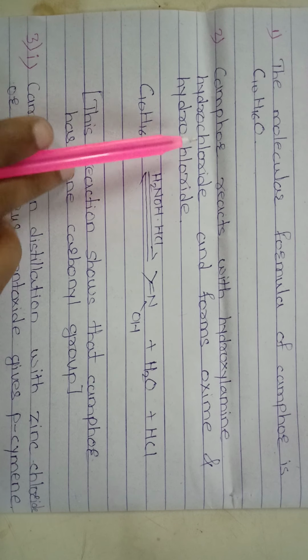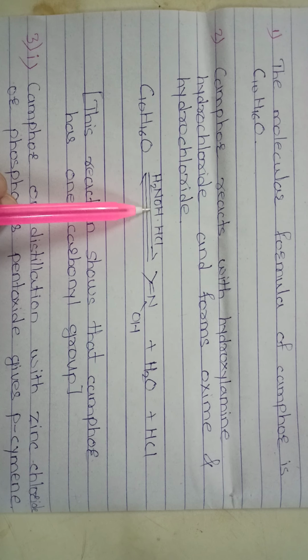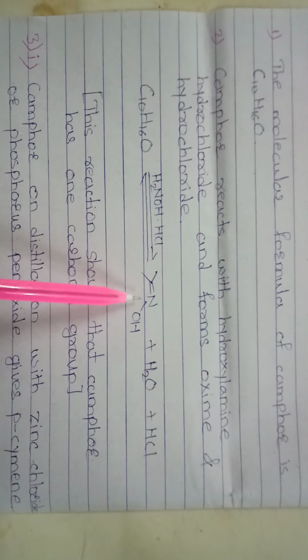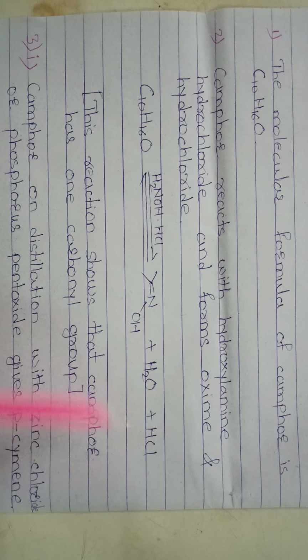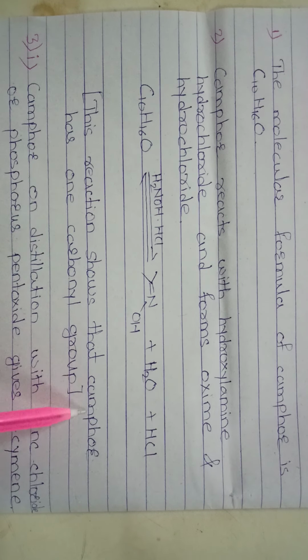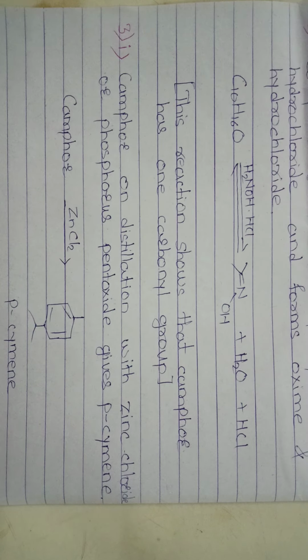Next, camphor reacts with hydroxylamine hydrochloride and forms an oxime and hydrochloride. This reaction shows that camphor has one carbonyl group. Then, camphor on distillation with zinc chloride or phosphorus pentoxide gives paracymene.